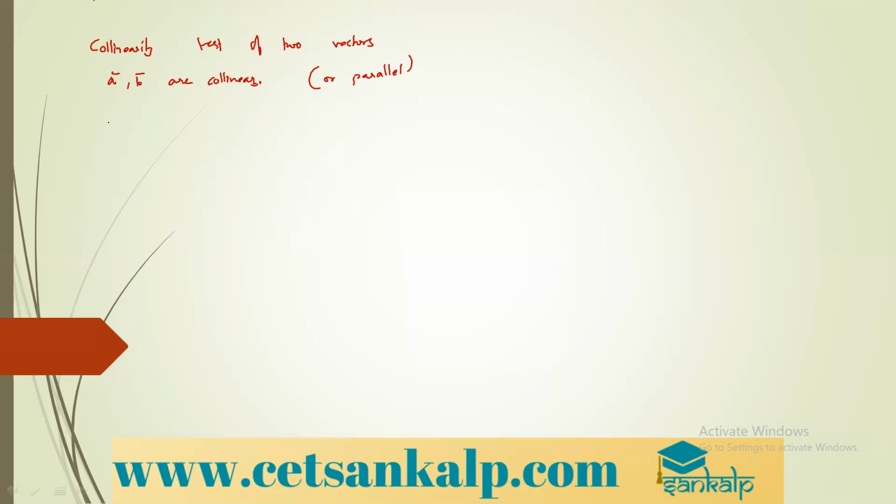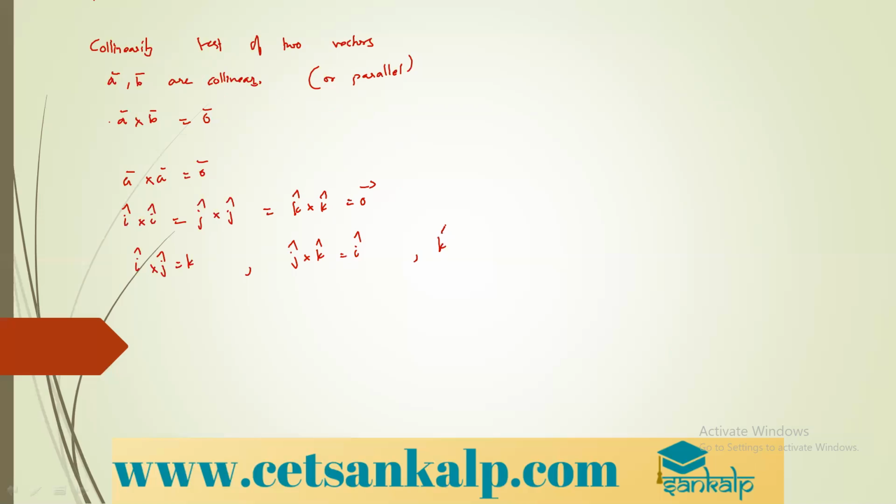Then the test is A cross B must be equal to 0 vector. Next, A cross A is 0 vector. i cross i or j cross j or k cross k all are 0 vectors. Whereas i cross j is equal to k, j cross k is i, and k cross i equal to j.